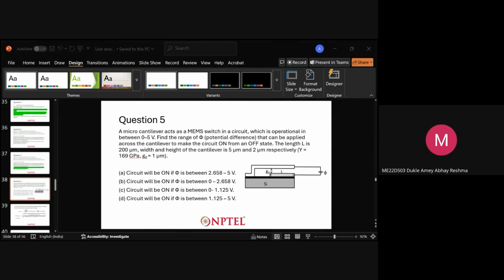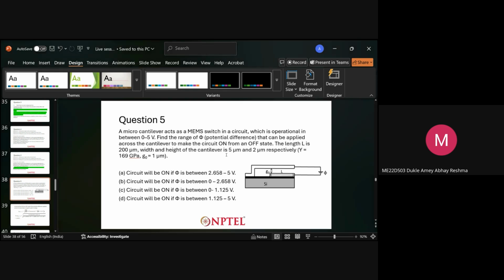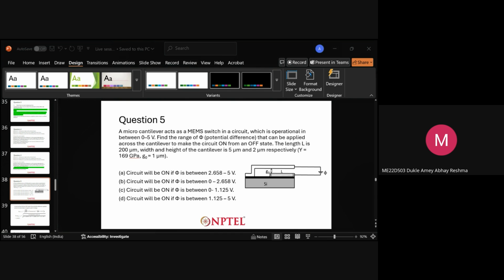In the starting, I introduced you to something as the pull-in voltage. So what do you think will be right? Okay, we will not go into the specifics first. I want to understand how many of you understood the concept. We are playing a 50-50.